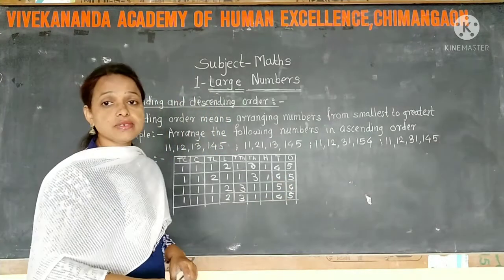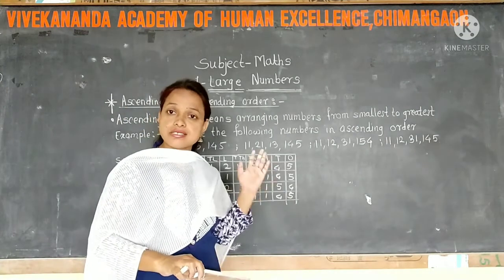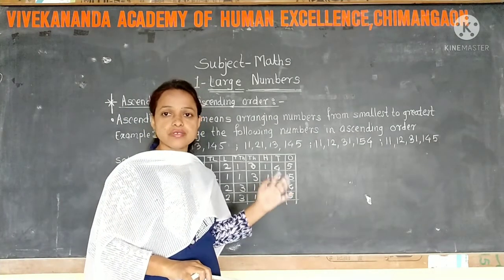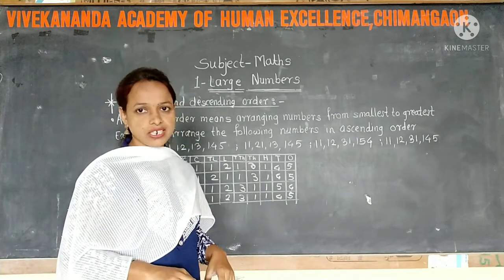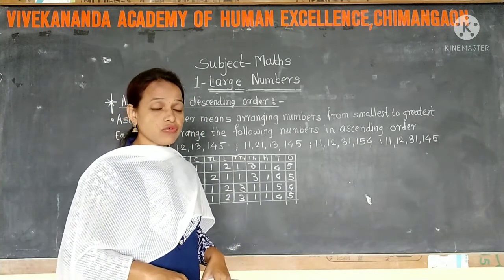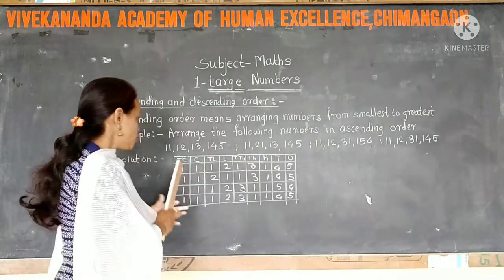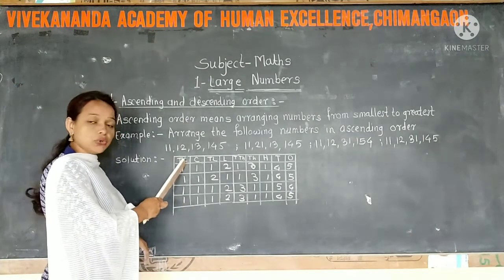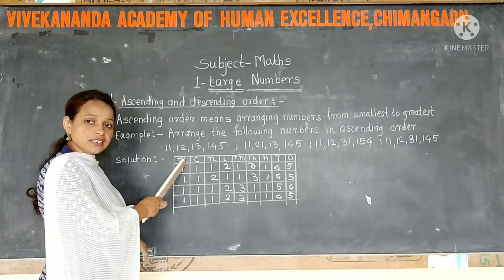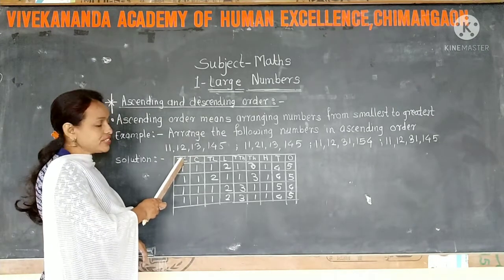Now, as we learned the rules for comparing numbers, we follow those rules while arranging the given numbers in ascending order. So we will start from the leftmost place in the given numbers. If you observe, the leftmost place is the 10 crore place. So we will check the digits at the 10 crore place of each number.